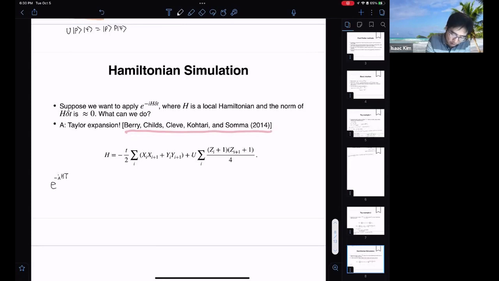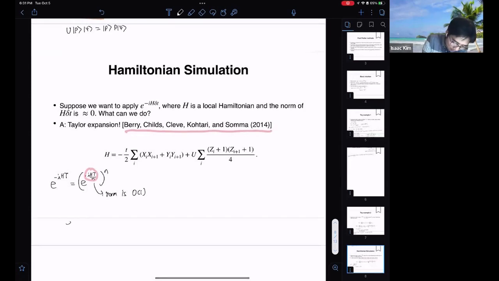Then you break this down into smaller steps where you choose n large enough so that the norm of this thing in the exponent is order 1. So it doesn't scale with the system size. And once you do that, you can Taylor expand and choose the convergence radius, and you can truncate to a finite order.